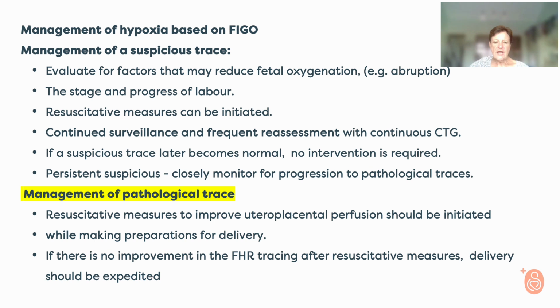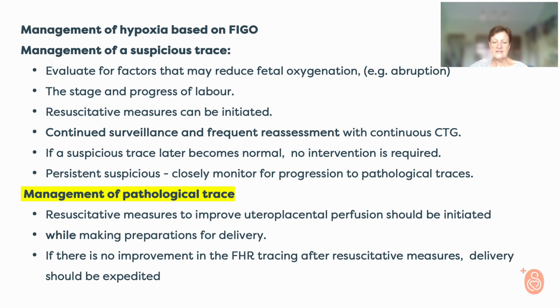And we have said on the FIGO guidelines it was a pathological trace. So according to that we will start with resuscitative measures, which we will come to just now, to improve the uteroplacental perfusion immediately, and then make preparations for delivery.